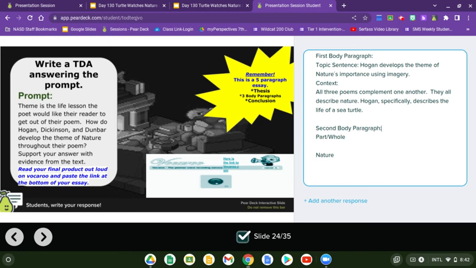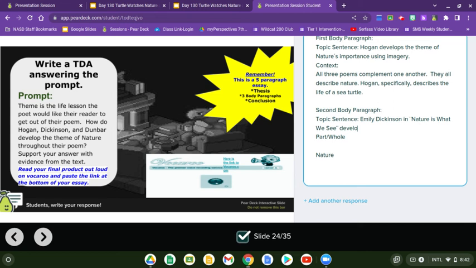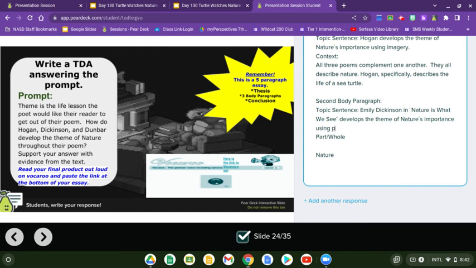the Emily Dickinson poem. Topic sentence: Emily Dickinson in "Nature is What We See" develops the theme of nature's importance using point of view.